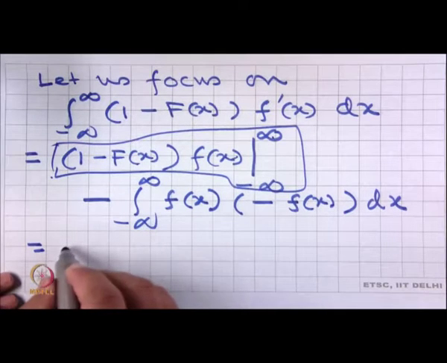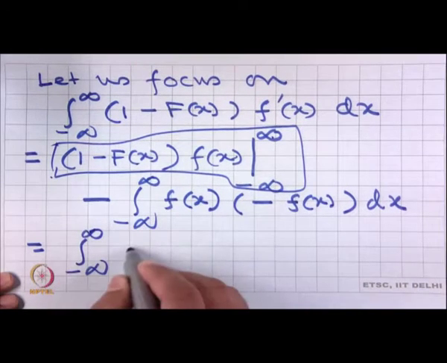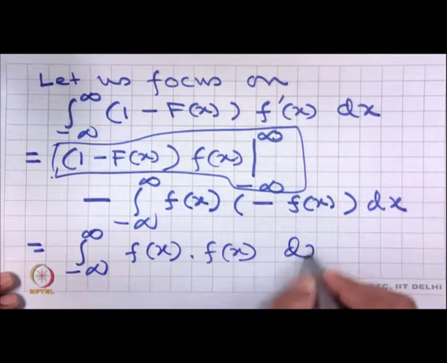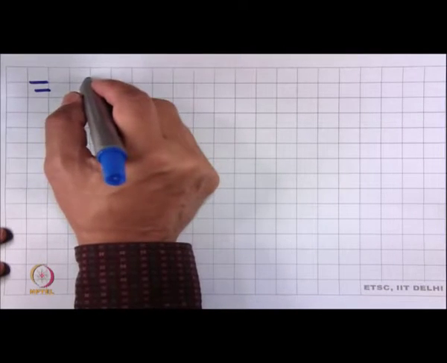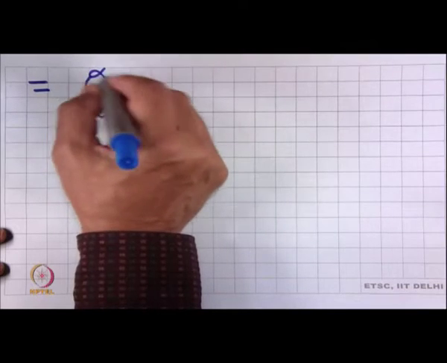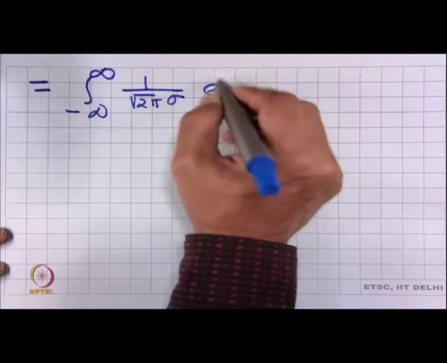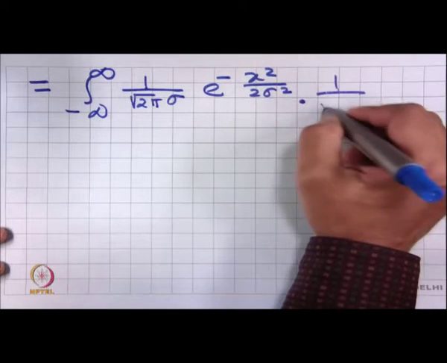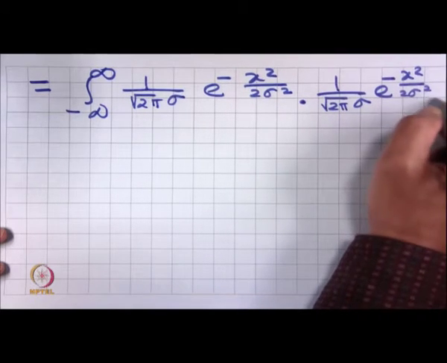Therefore, what we are getting is the integration from minus infinity to infinity of f(x) times f(x) dx, which is equal to the integration from minus infinity to infinity of 1 over root 2 pi sigma, e to the power minus x square upon 2 sigma square, multiplied by 1 over root 2 pi sigma, dx.